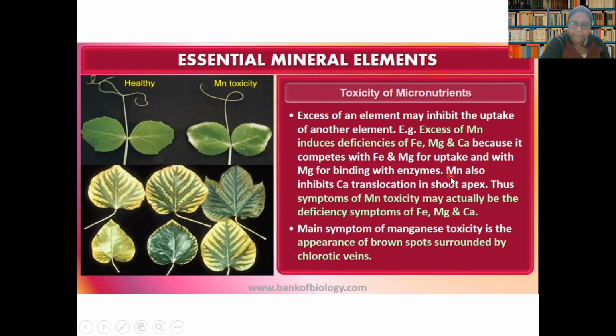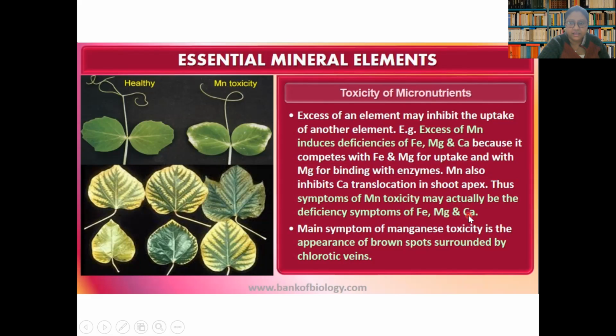Okay. So apart from that, manganese also inhibits calcium translocation. So what is translocation? When an element is transported from one part of the plant to another part, that is called translocation. That's why if Mn is present in more amount, it is causing the deficiency symptoms of iron, magnesium, and calcium.